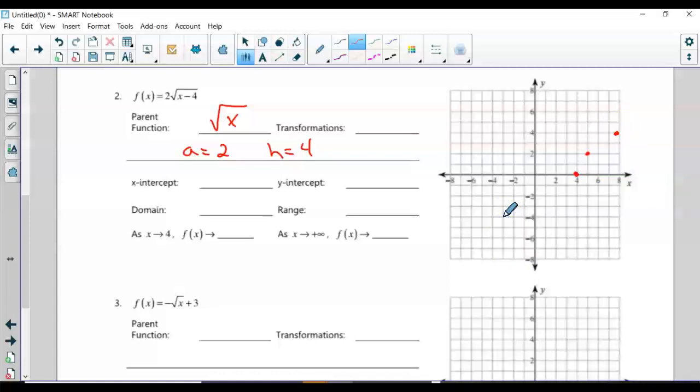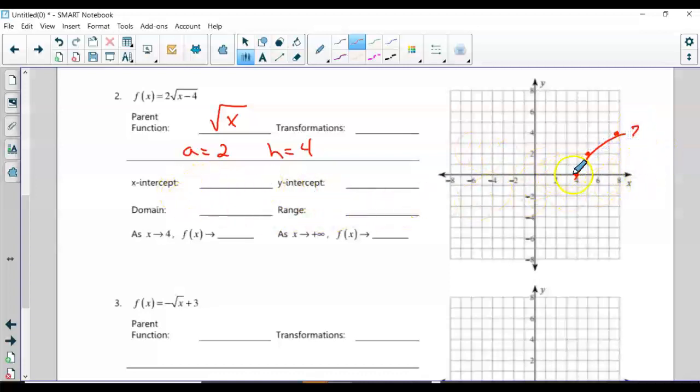Okay, and then we can fit the curve into that. So let's draw a nice smooth curve into there. And then it goes off to infinity.